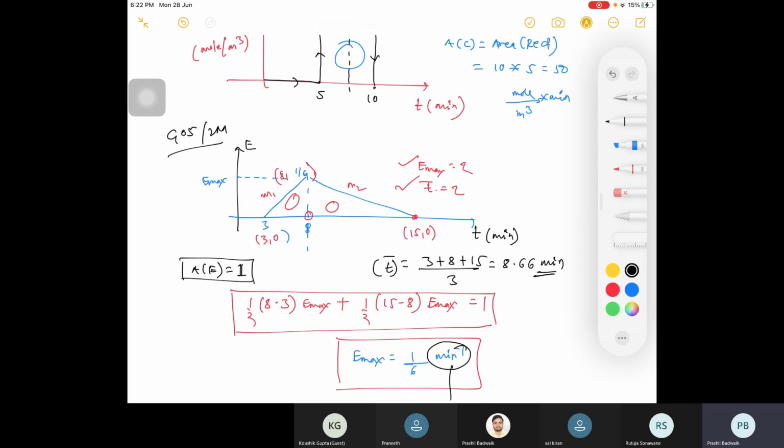What I want to convey here is, if someone is asking you to calculate t mean, that is bonus marks for you. You can easily calculate using the average over the x-axis.